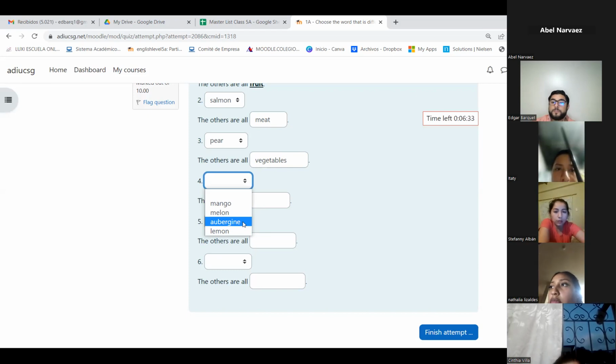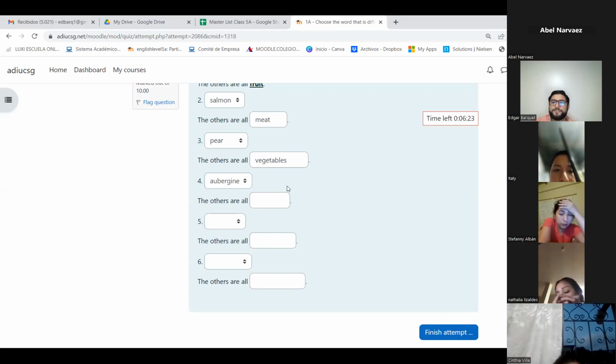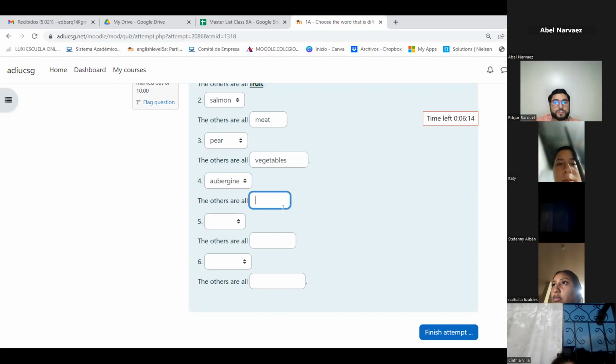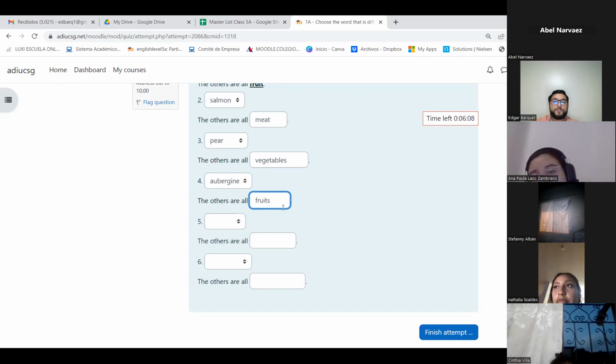It's like the zucchini. Isn't it berenjena? I would say it's berenjena. All right. I have a hard time identifying fruits and vegetables both in English and in Spanish. It's difficult to recognize them. So the others are all, what are they? Fruits, right? They are all fruits.